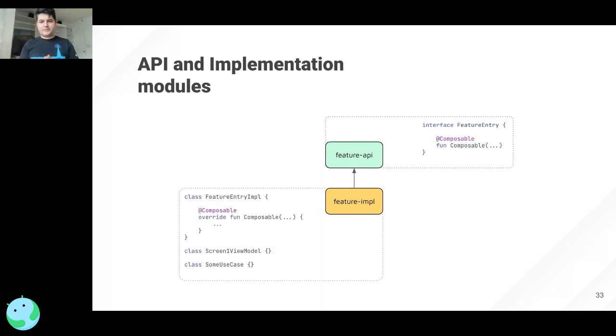On the other hand, the feature implementation will implement the composable function. And you can have multiple classes like screens, any types of classes, and we can add them and remove them, but they will be just a private part of this feature and not exposed to consumers.